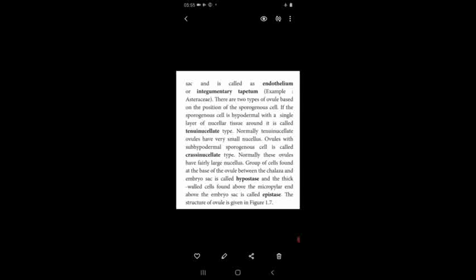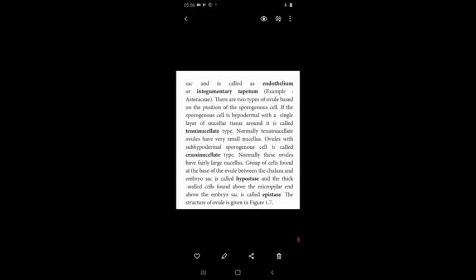Chalaza. And the thick-walled cells found above the micropylar end, above the embryo sac, are called the epistase. That means thick-walled cells found above the micropylar region and above the embryo sac are called the epistase.